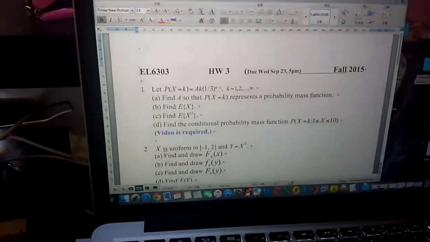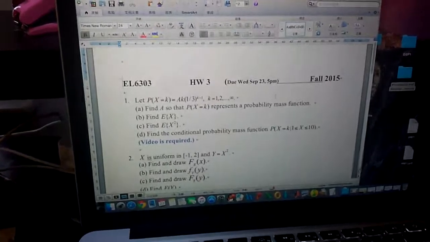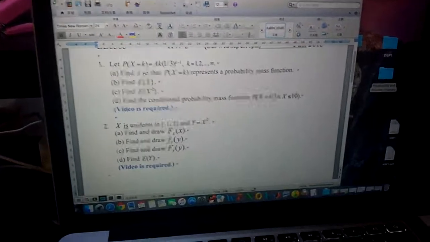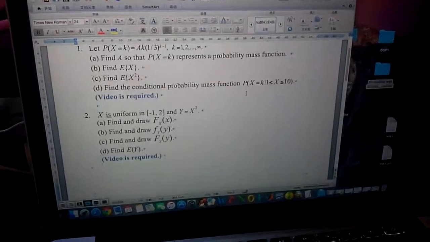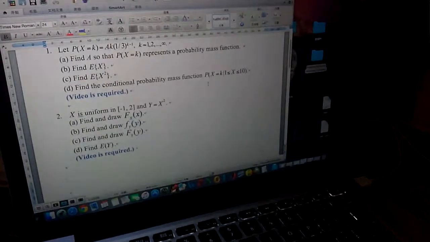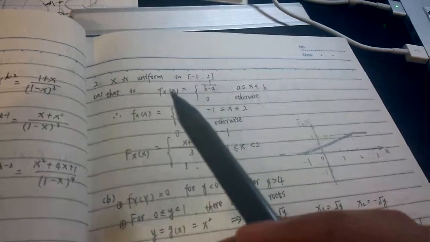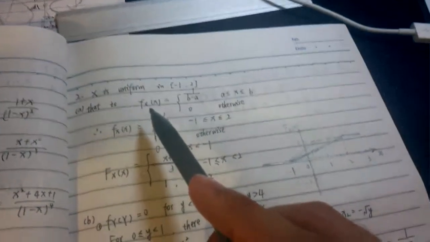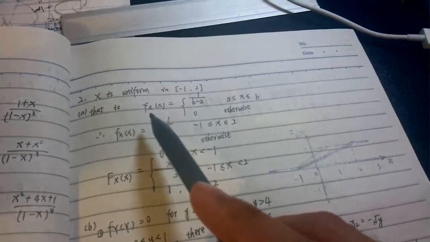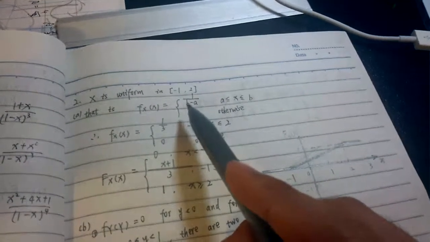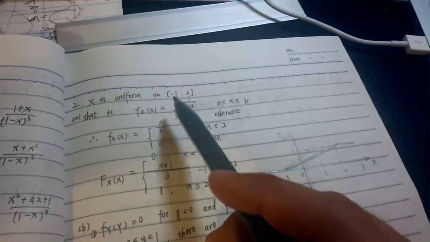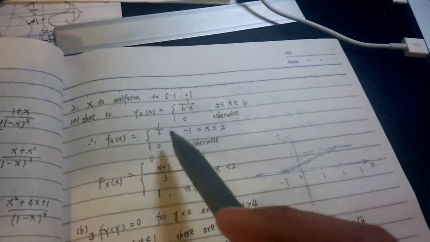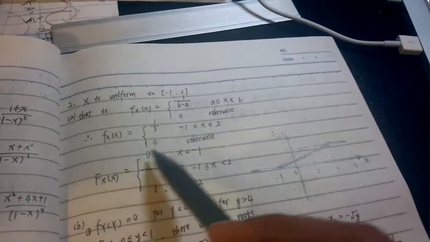And the second question is that X is uniform in -1 to 2, and Y is equal to X squared. So according to the uniform distribution, we can get a PDF, that is f_X is equal to 1 over (2 plus 1), that is 1 over 3, and this is the f_X PDF.